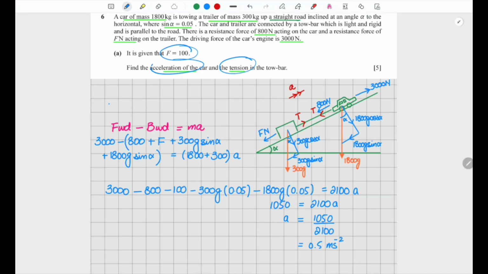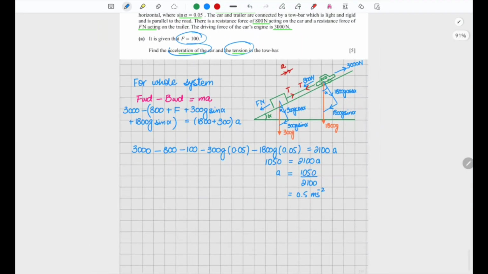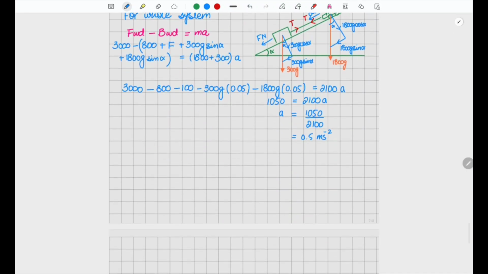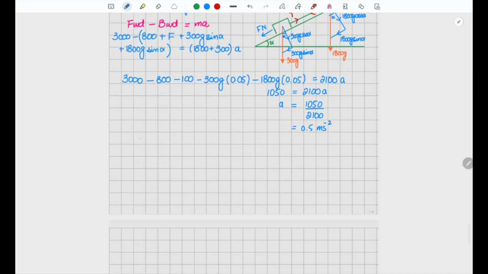For now we have applied it for the whole system. Now let's apply it on the car.